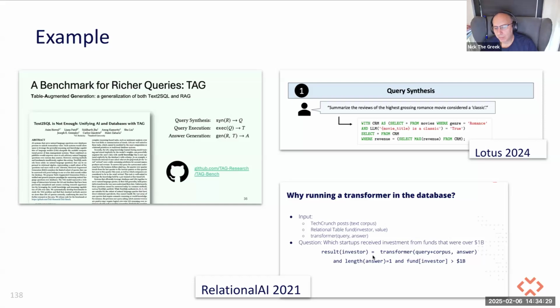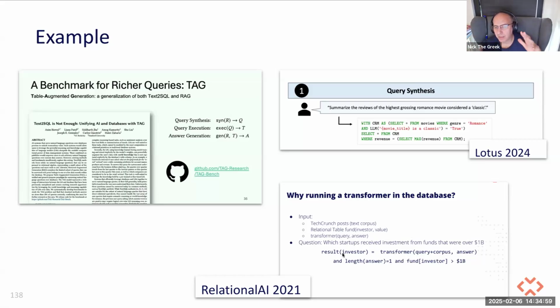This is a typical REL example where, in those days, we didn't have sophisticated language models, we had BERT, so you had to restrict your answer to be length 1. After finding all the investor funds that were over 1 billion, it was supposed to guide the transformer decoding to only consider investors in that subset.